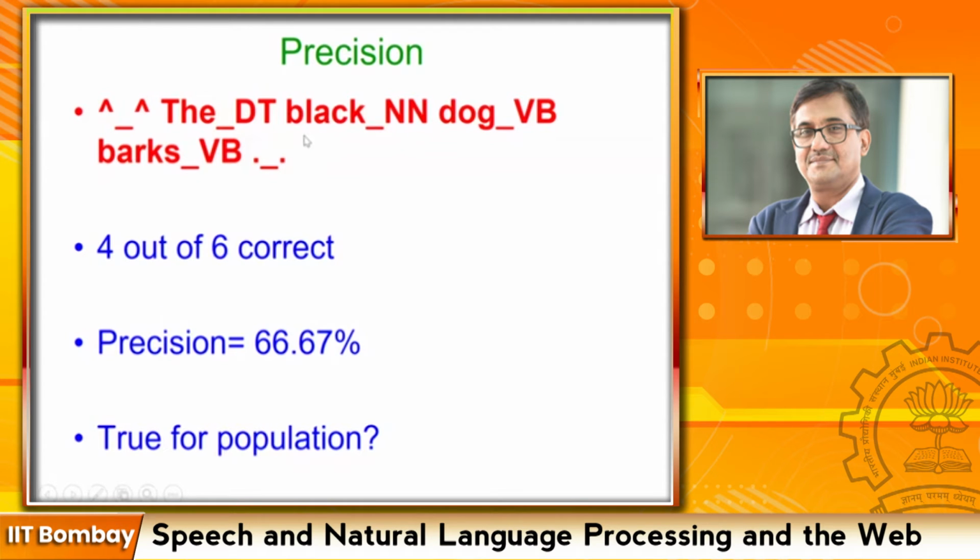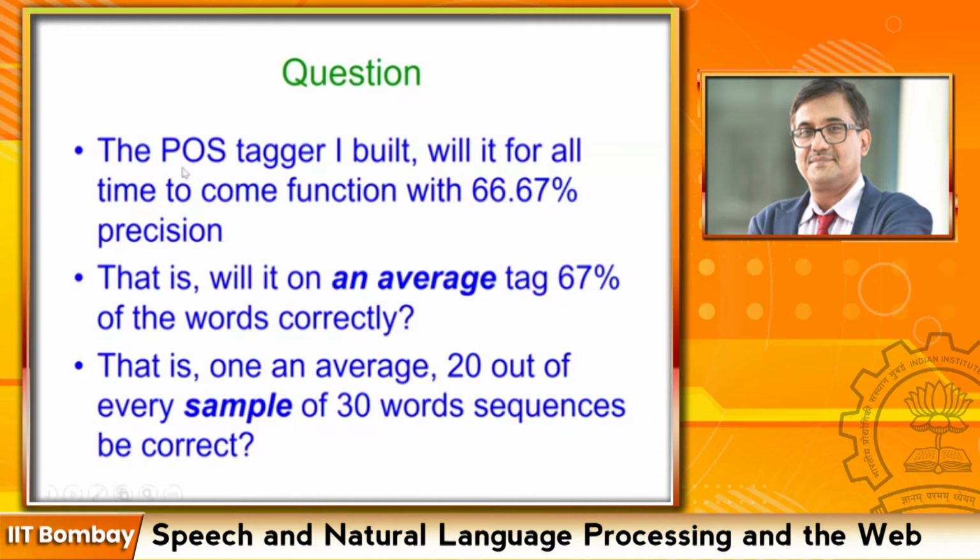Precision is how many are correct out of everything obtained. Now, my precision from this sentence is 66.67%. Can I claim that this will be true for the whole population? That means, can I ask the POS tagger that I have built, will it for all time to come function with 66.67% precision?